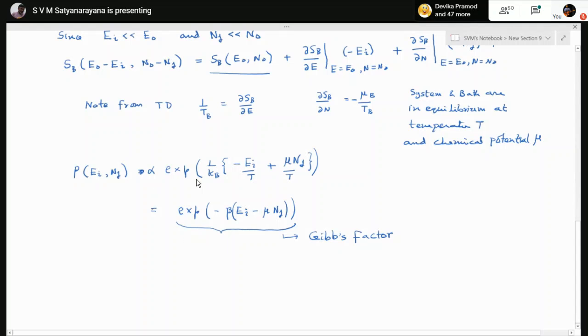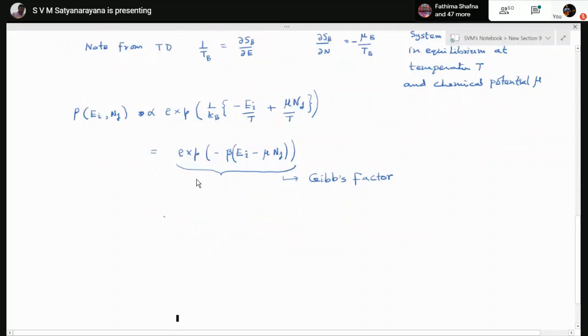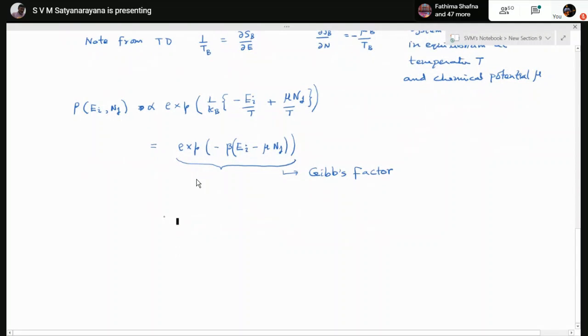Now, how do I fix the constant of proportionality? It is again the same logic. When you take the sum over i and then the sum over j of P of Ei, Nj, that has to be equal to the total probability, which when you sum over all the microstates has to be equal to 1.